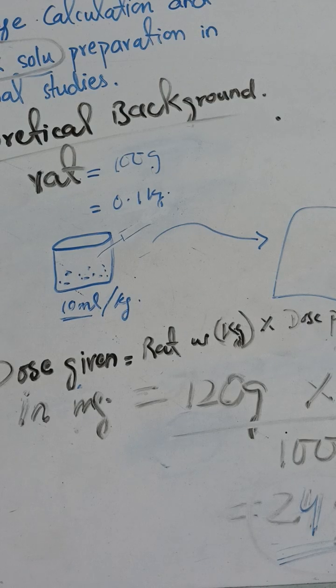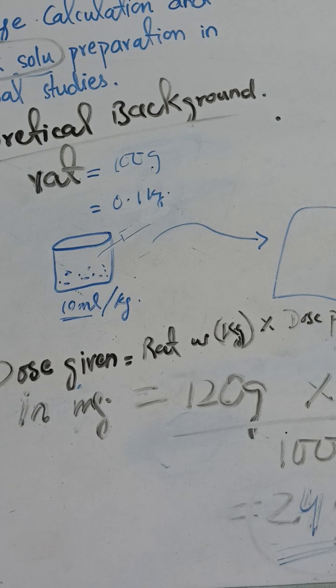This is a chemical and it is used to induce seizures. Seizures occur in epileptic patients. So if we want to induce seizures within the rat, what do we inject? PTZ.